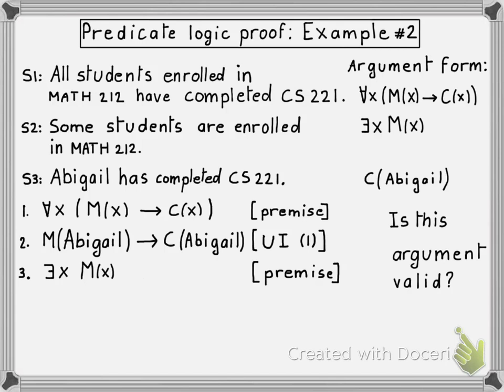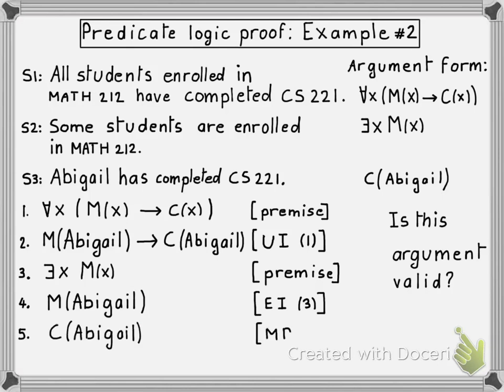So of course we're going to pick Abigail to replace the variable x, and therefore we can infer m of Abigail by application of the rule existential instantiation applied to proposition 3. And now we're home free. As I mentioned before, we can apply modus ponens to propositions 2 and 4 to infer that c of Abigail is true.